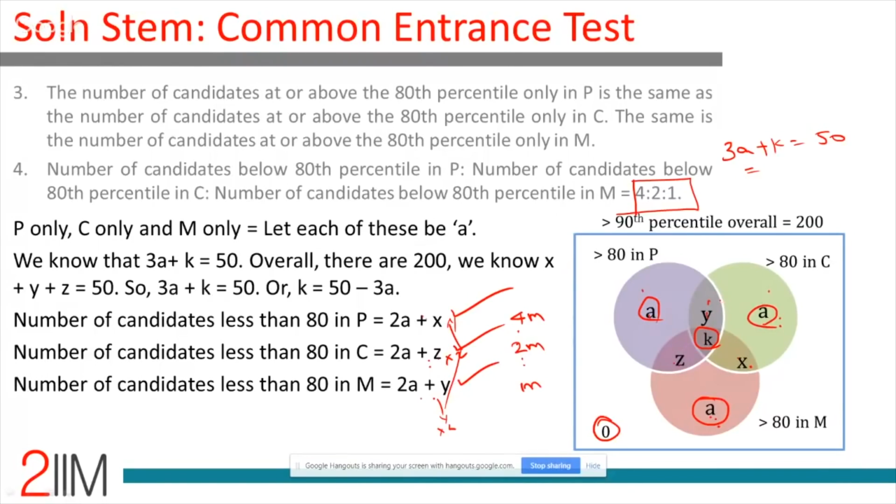So now I can reframe X, Z, and Y in terms of M. I can say X is 4M minus 2A. Z is 2M minus 2A. And Y is M minus 2A.